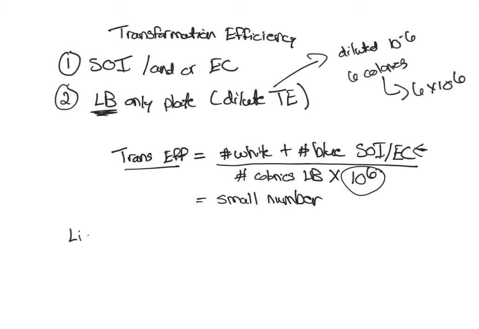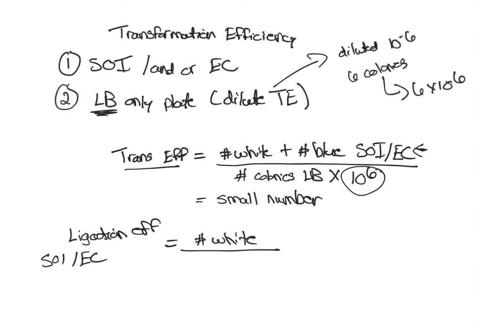Ligation efficiency, we just use the sample of interest / experimental control plate, okay? And once again, you'll have one for each one. This equals the number of white colonies, so the number that got ligated, divided by the number of white plus the number of blue, and that's all that this is on your sample of interest plate or your experimental control plate, okay?